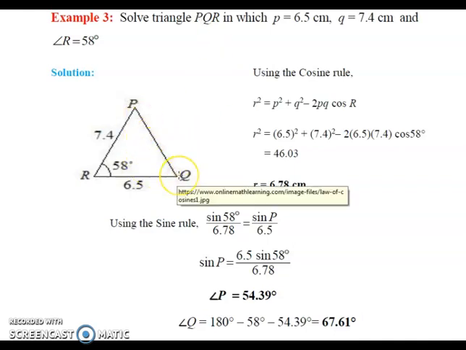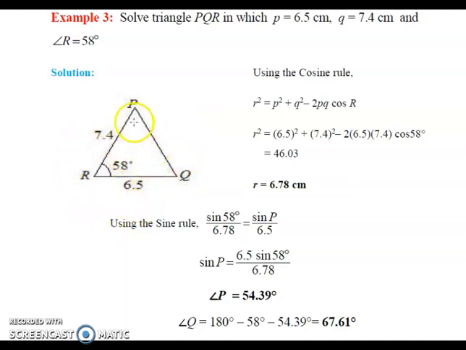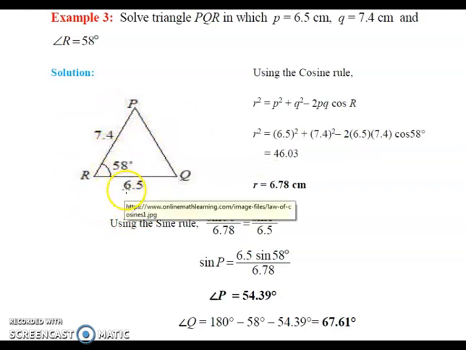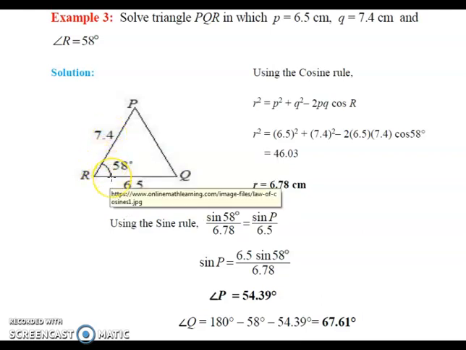Solve the triangle means we have to find out the remaining side R, small r, and remaining two angles capital P, capital Q. So first we will use the cosine rule to find the side small r, because we know two sides small p, small q and enclosed angle capital R. So r square is equal to p square plus q square minus 2pq multiply cosine r.